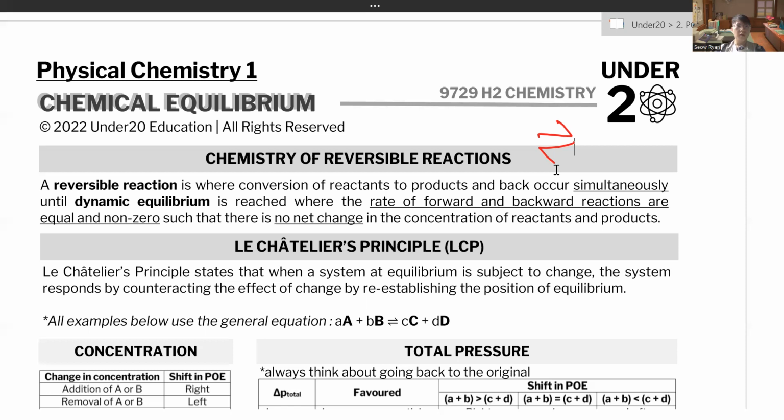But there is a change because now student A is in class B and student B is in class A. So there is a change, but there is no net change in the number. And why this is important is because we don't label our chemicals as A and B, right? We don't call them like Mary or Tom or Sam or something, right? So no net change, right? We just look at no net change.